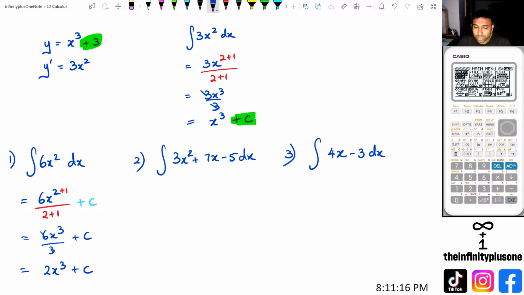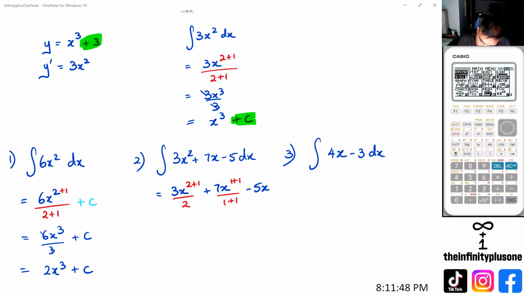All right, now looking at question number 2. We're going to do 3x squared plus 7x minus 5. Now remember, x has a power of 1, so that's going to be 1 plus 1 over 1 plus 1. And when it's a constant by itself, it just changes to minus 5x. And once again, don't forget the plus c.